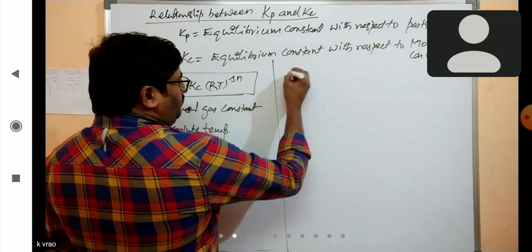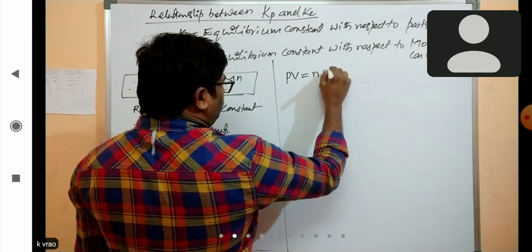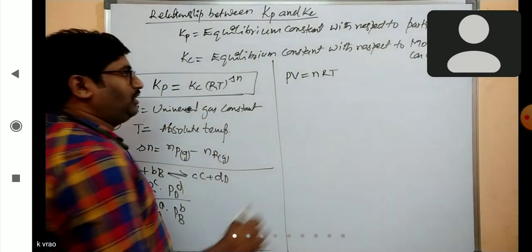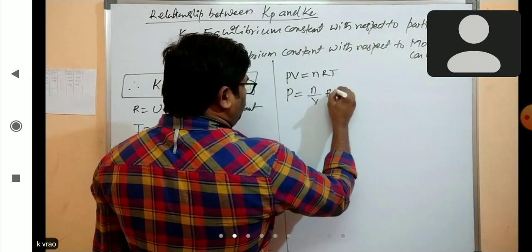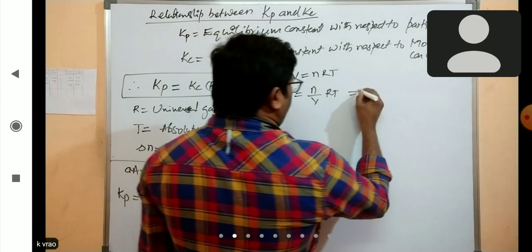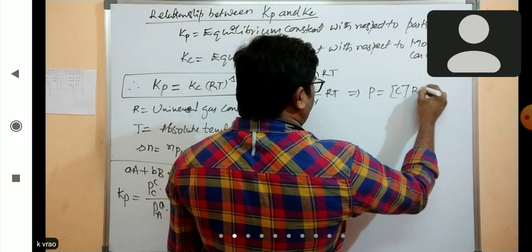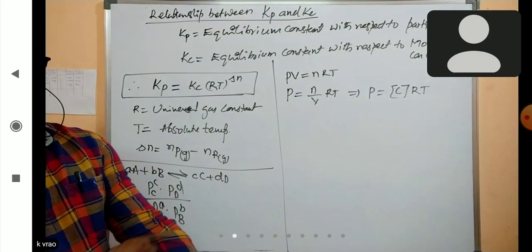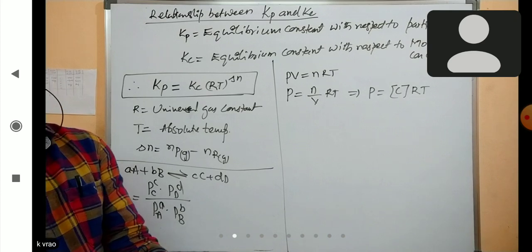According to the ideal gas equation, PV is equal to nRT. We know this relation. Pressure P is equal to n by V into RT, which implies P is equal to concentration, number of moles by volume. If 1 mole is present in 1 liter, it is 1 molar.